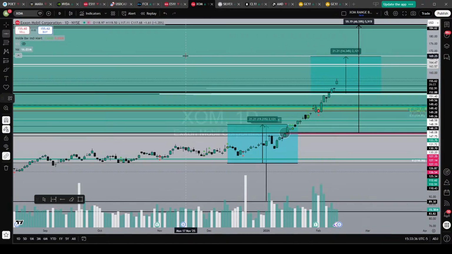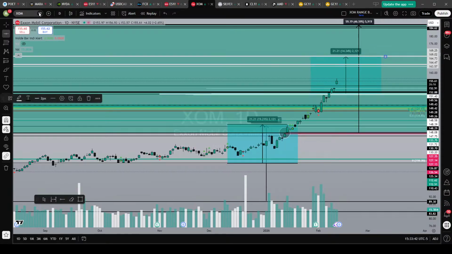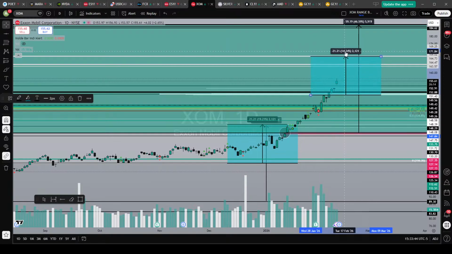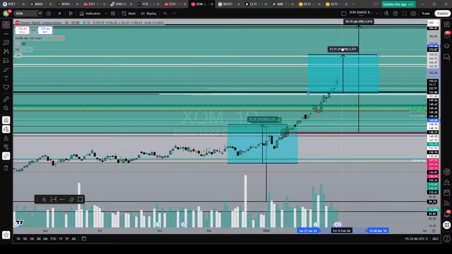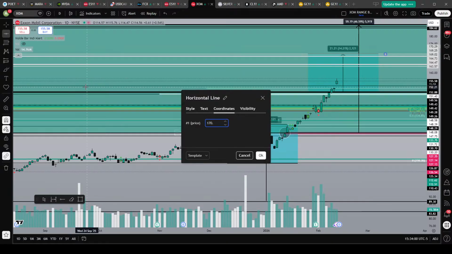These were the calculated spots on XOM. But the fact that it fully cleared these areas here, 149.26 would be 174.7. So we're essentially targeting the 170 area.